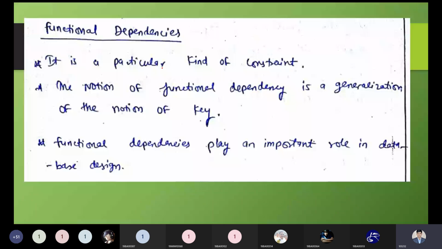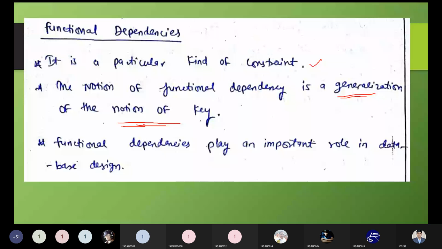The notion of functional dependency is a generalization of the notion of the key, meaning the key attribute we have. Now see in the dependency diagram, name is the determinant of the phone and measure.